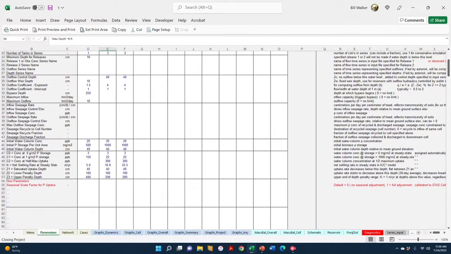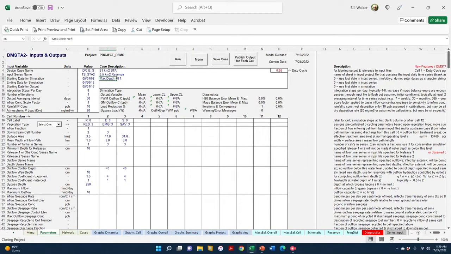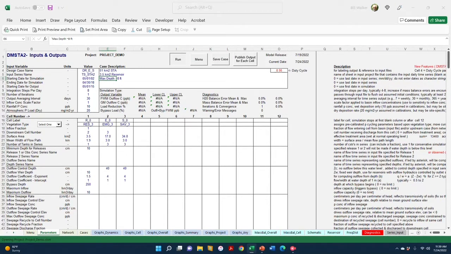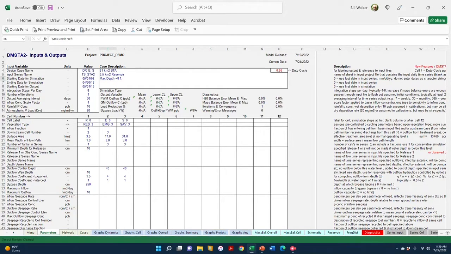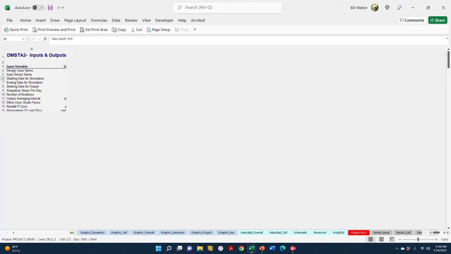And the last time I ran it, I think there wasn't much bypass, but anyway, we'll run that one. So you can see the outlet hydraulics are different for a reservoir. It operates, in this case, as a weir.